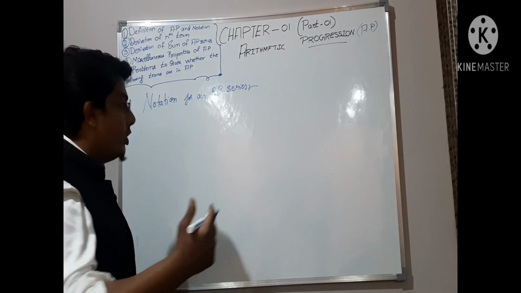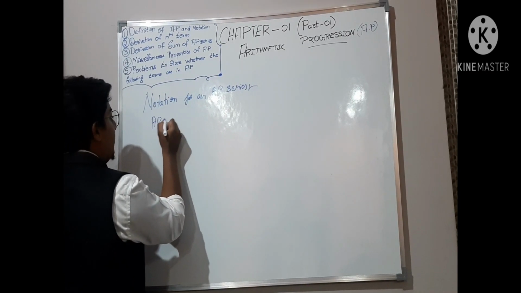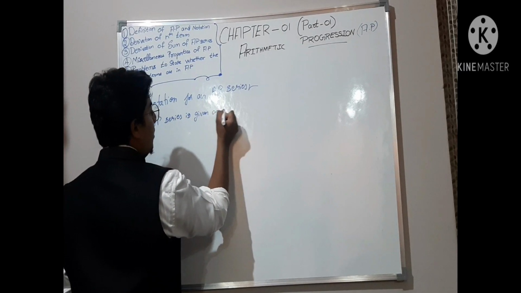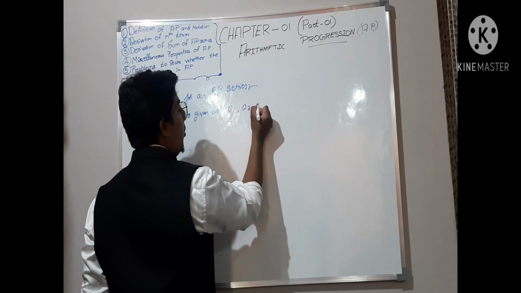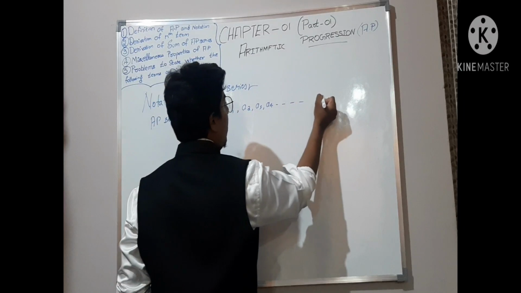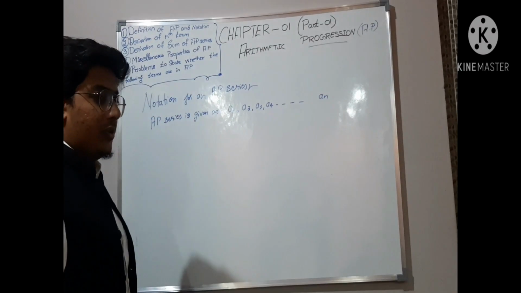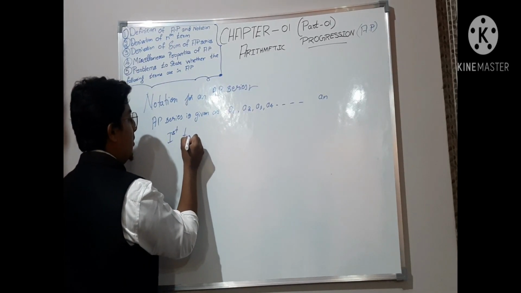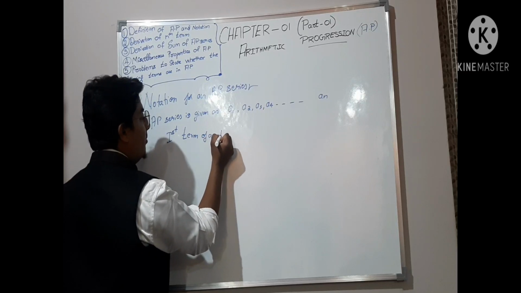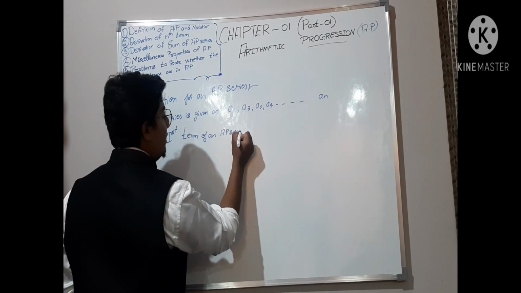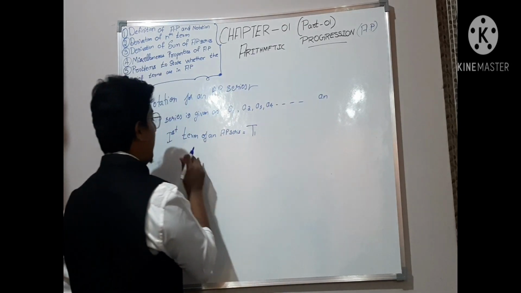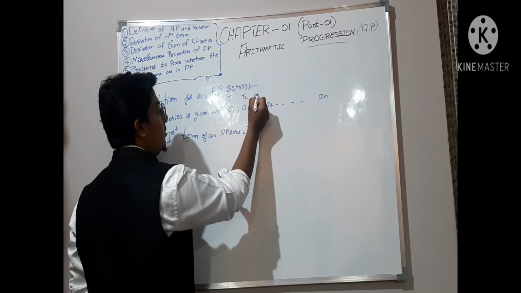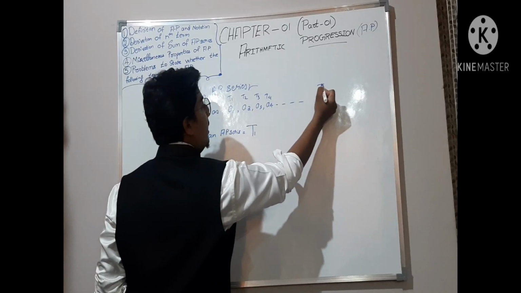An arithmetic progression series is usually given as A1, A2, A3, A4 up to An. This is the arithmetic progression series. As the term indicates, the first term of an arithmetic progression series is denoted by T1. This is T1, this is T2, T3, T4, this is Tn.